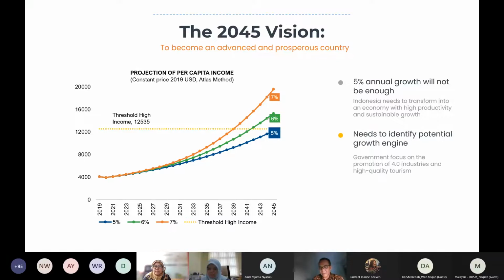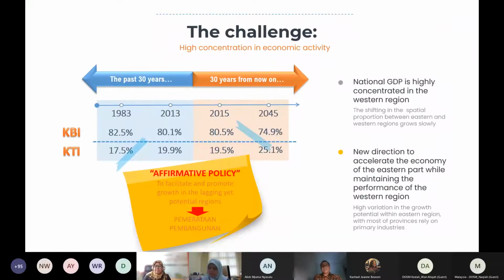So the government at the moment tries to promote selected industries, 4.0 industries and high quality tourism. But the challenge is huge, given that our economy consists of blocks of islands. During the last 30 years, the shift in GDP concentration has not changed much.